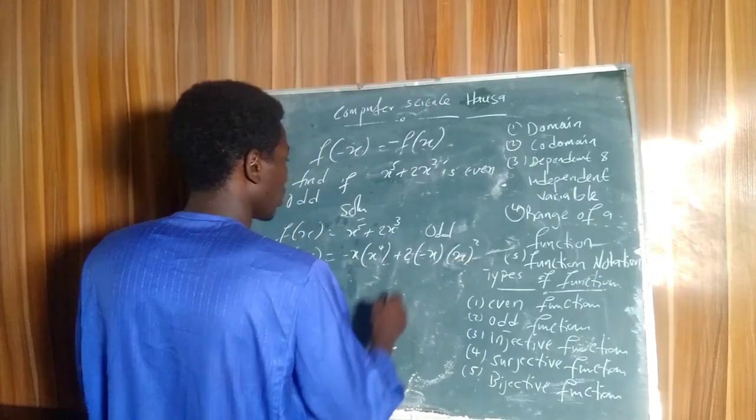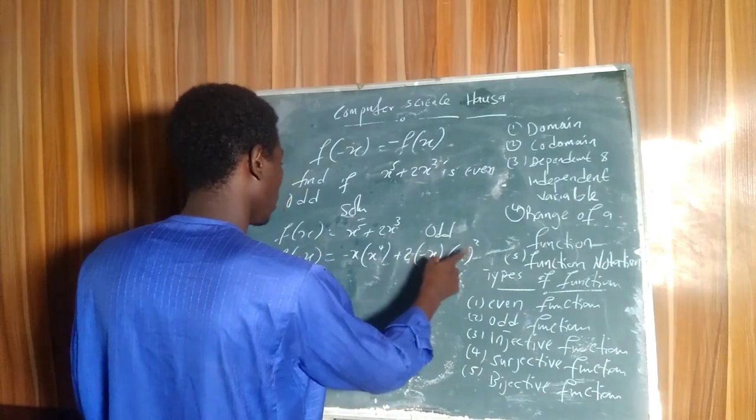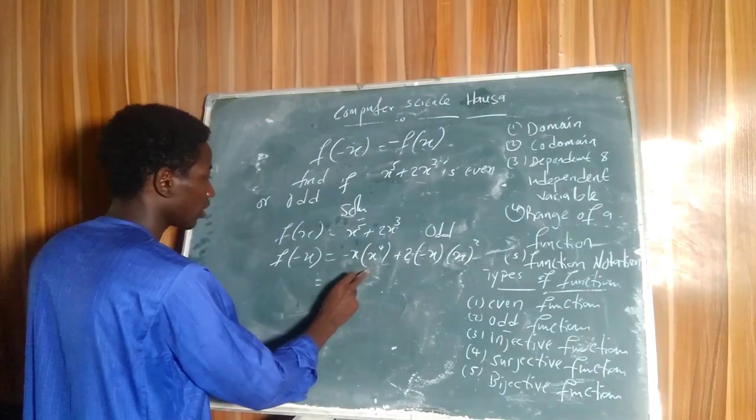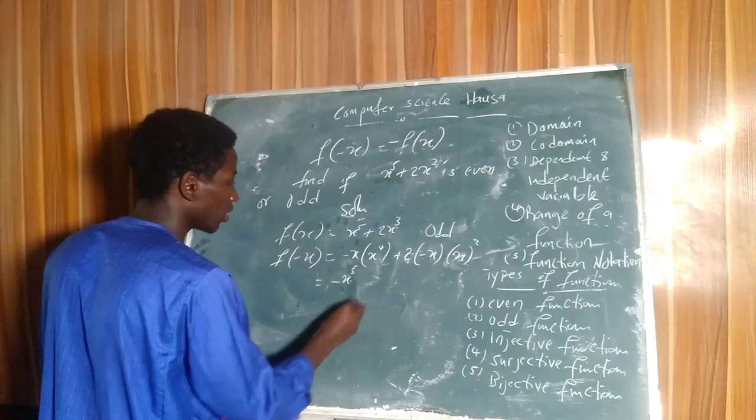So this times this, I see the remaining minus here, this becomes minus, this becomes minus, negative x to the fifth, right?